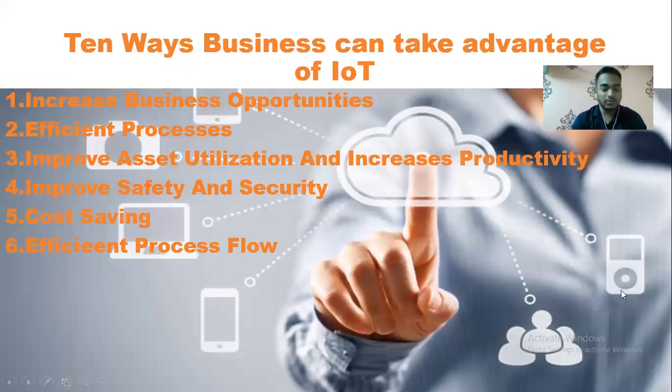These points are very important. There are no technical aspects related to the internet of things here. It is just a business aspect: how we can use IoT technology in business, and how the business can take advantage from it. These are not technical points, so we don't need a technical explanation.